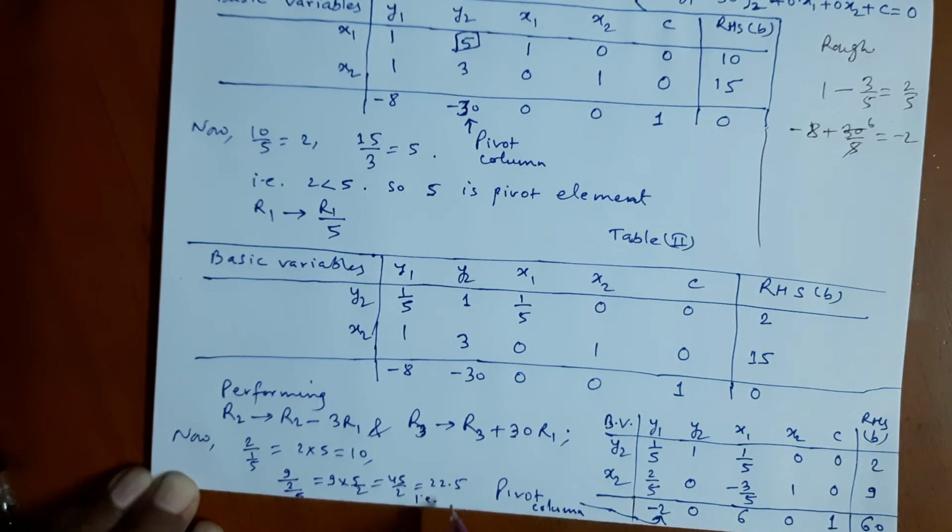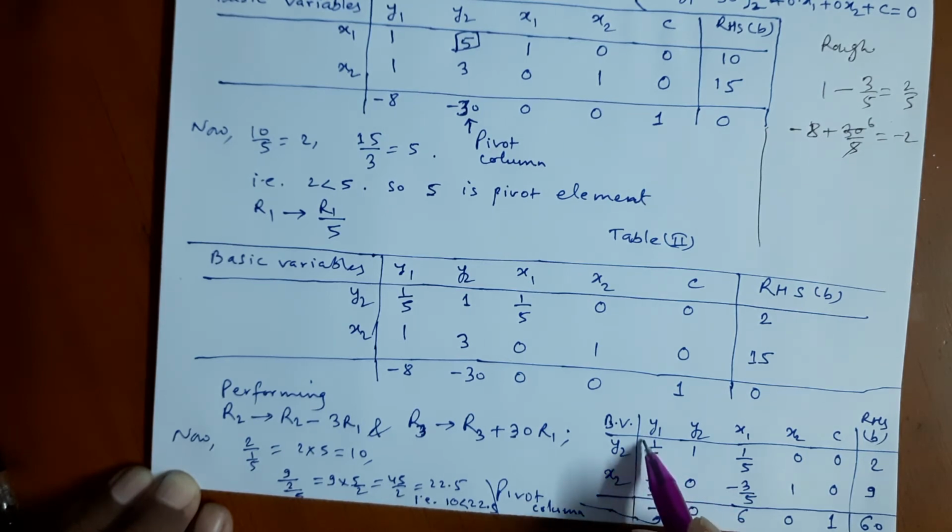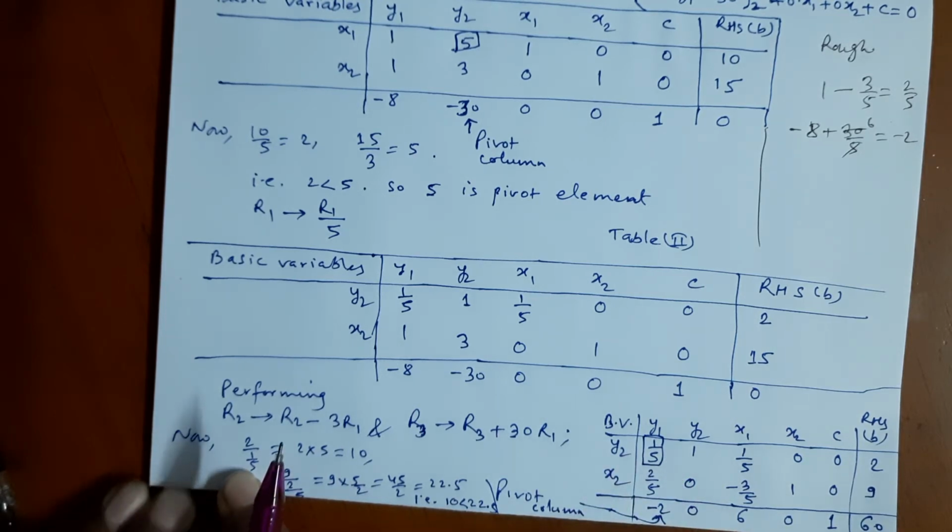That is, 10 is lesser than 22.5. That means this 1 over 5 is the pivot element. Okay, this 1 over 5 is the pivot element.